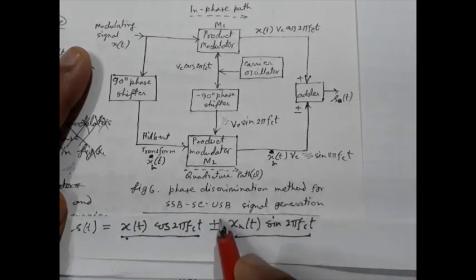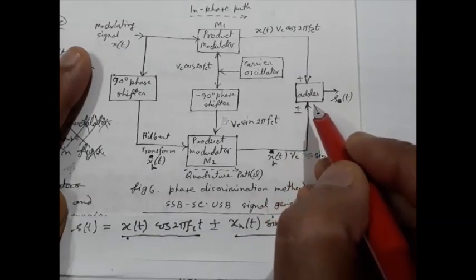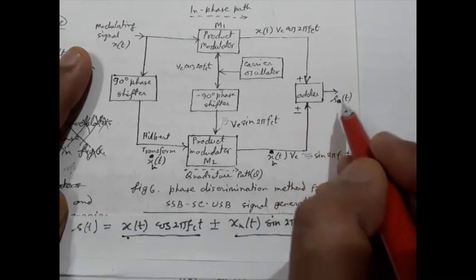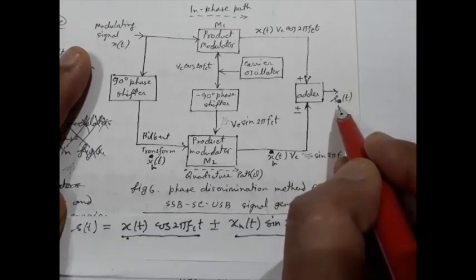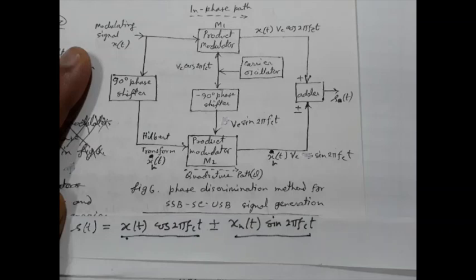Now we need an adder or subtractor depending on whether we want upper sideband or lower sideband, and the output is the SSB-SC signal. This is the phase shift method.